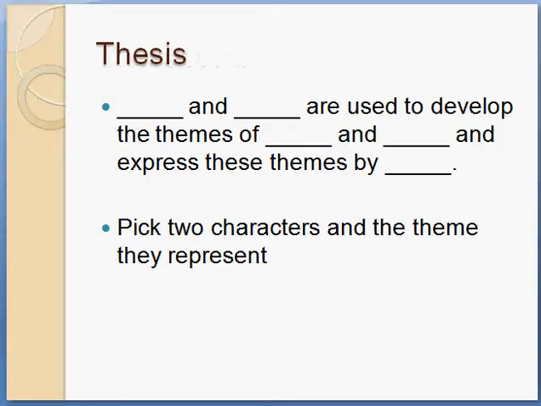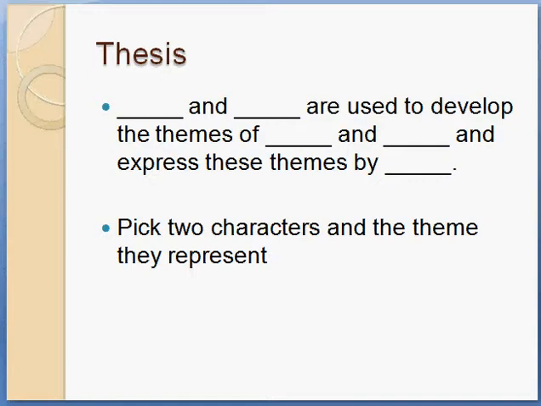So the first thing we're going to go over now is thesis, which is the whole point of your paper. This is the thesis that is provided in the assignment, and I recommend you use it. Blank and blank are used to develop the themes of blank and blank, and express these themes by blank. So this is really your main points in your thesis sentence, all rolled into one.